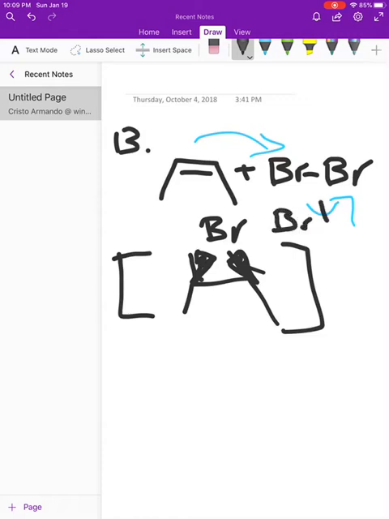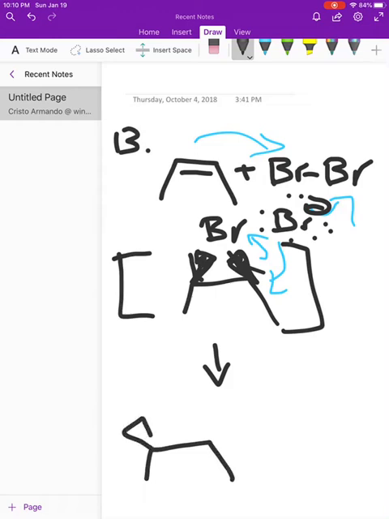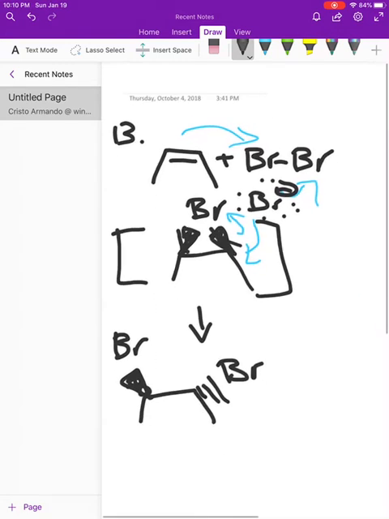But again, we have this bromine right here going to attack right here. This bond goes to the other bromine. And just like the other reaction, we have one coming out at us, and we have one going away from us.